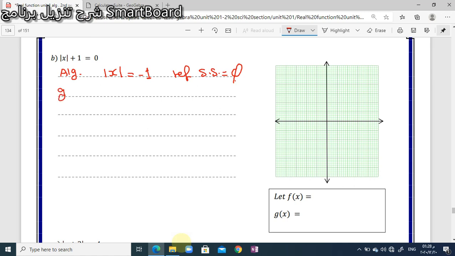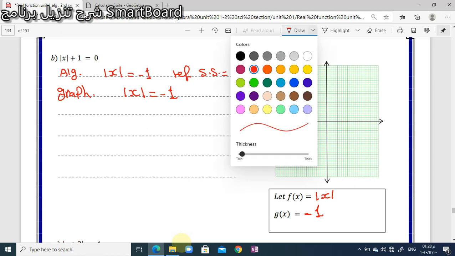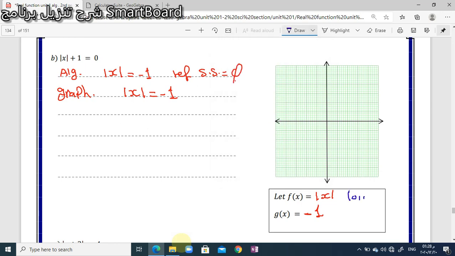And graphically, absolute x equals negative 1. So f of x equals absolute x and g of x equals negative 1. Absolute x, its vertex is 0, 0. This is the vertex 0, 0.